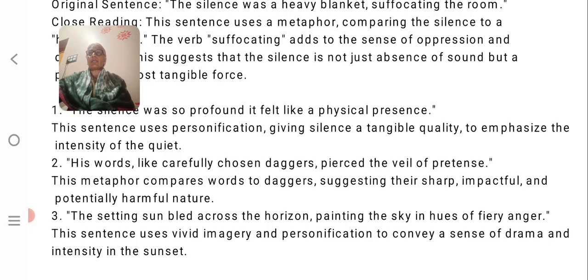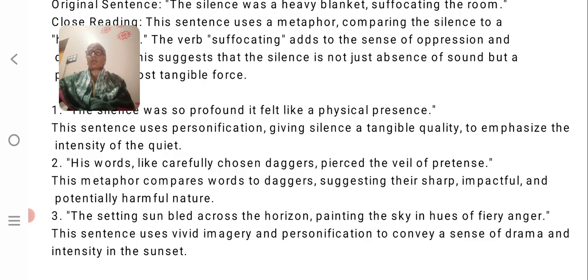The setting sun bled across the horizon, painting the sky in hues of fiery anger. The phrases used in this sentence give an image of the setting sun, a visual image. And the sun is compared to a person.